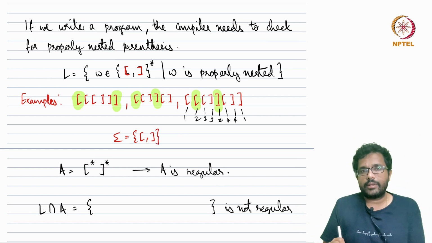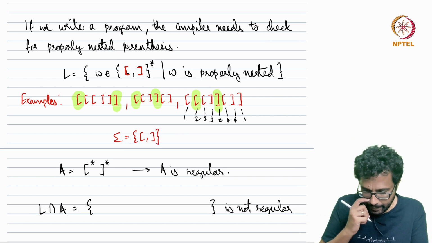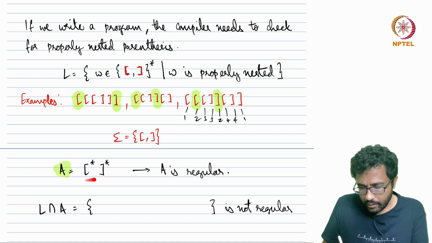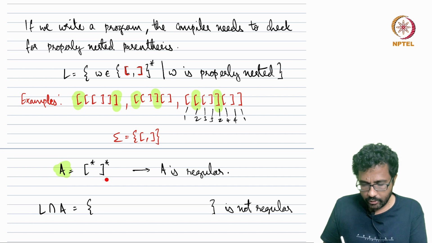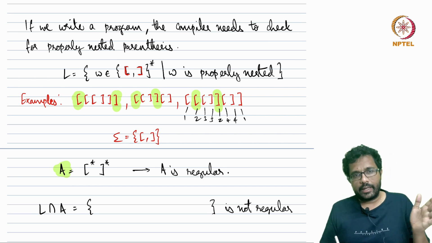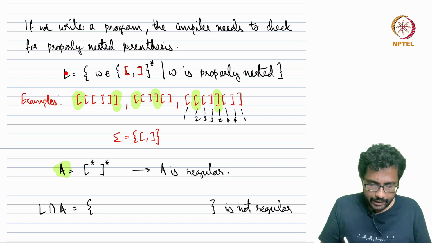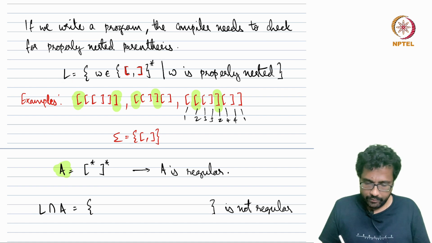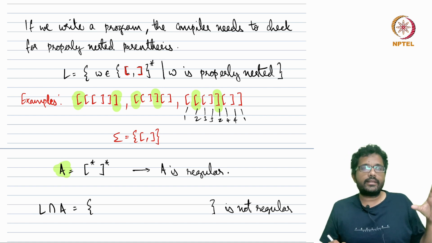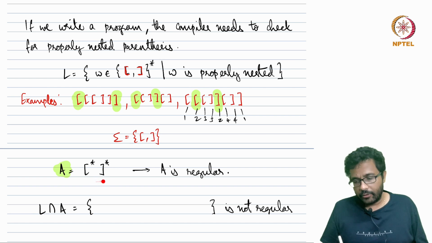The language A that I am writing here is a regular expression over the alphabet, and clearly because it's a regular expression, it's a regular language: some open brackets followed by some close brackets. Now we had L here, and we have A here. What is L intersection A? In other words, what is the set of all properly nested brackets which have the structure of A?